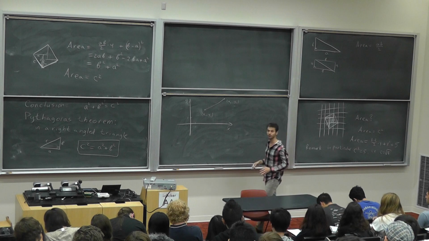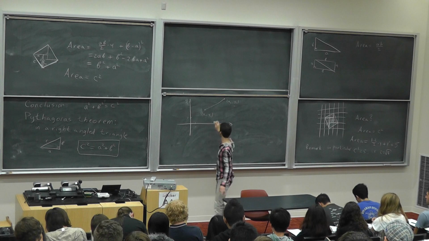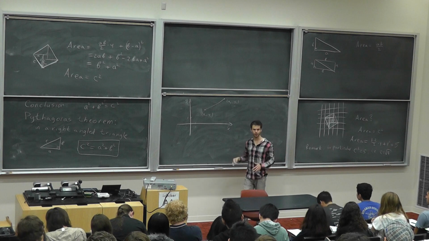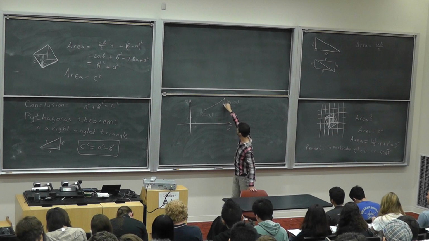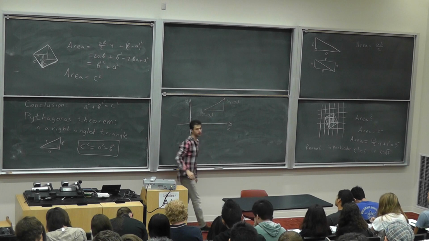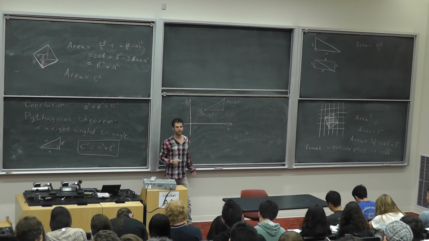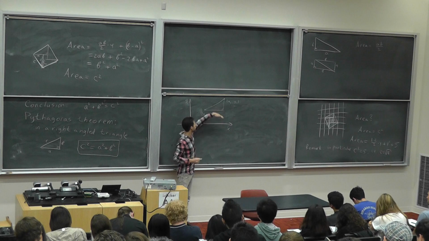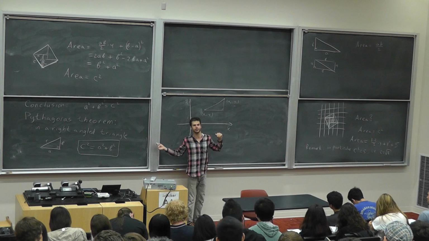So, now we have a way to figure this out. We'll use Pythagoras theorem. In this picture, we don't see a right angle triangle, but we will draw one. So we'll draw a vertical line from here. We'll draw a horizontal line from here. They're perpendicular to each other. If I want to figure out what this distance is, I can as well figure out what this distance is and that distance, and then use Pythagoras theorem.